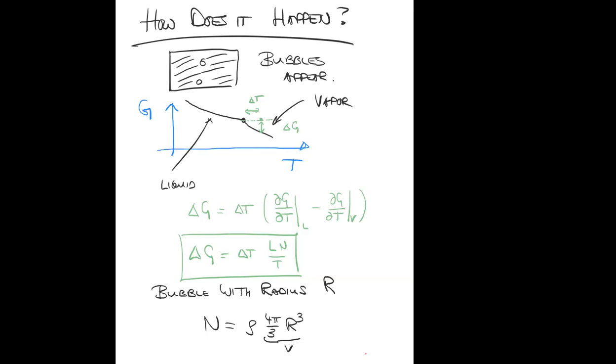The Gibbs free energy cost of forming a bubble is then delta G equals delta T, latent heat divided by temperature, times the number of particles in your bubble. So that was density times 4 pi over 3 r cubed.